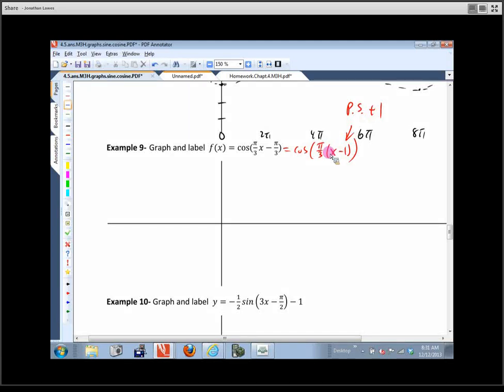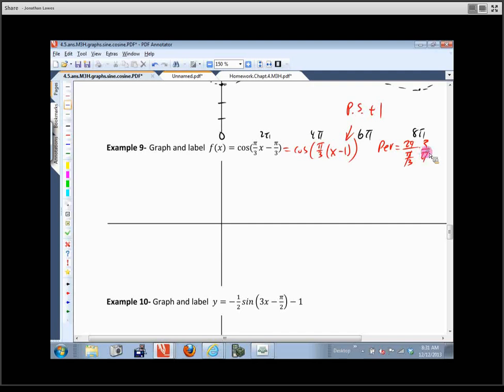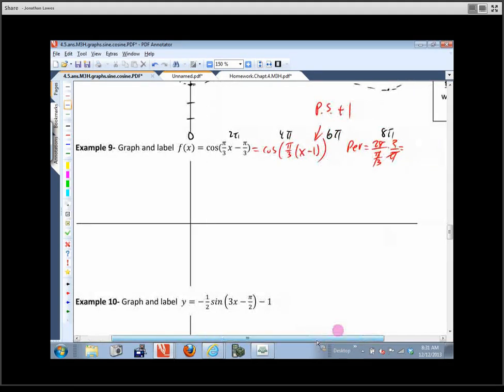Okay? So let's figure out what the period is. And even though this looks like it's going to be really awful, it's actually pretty simple, because if it's got a pi in it, we're going to take the old period and divide it by the period change factor. Pi thirds. I'm going to flip that over. I'm going to cancel the pi's. What is the period on this graph? 6. Perfect.